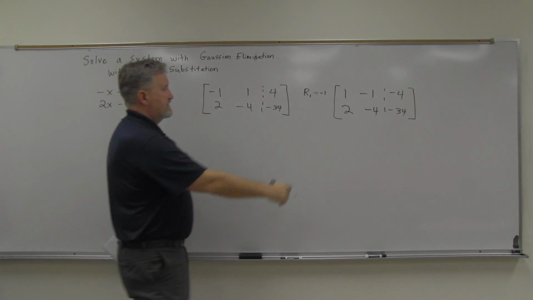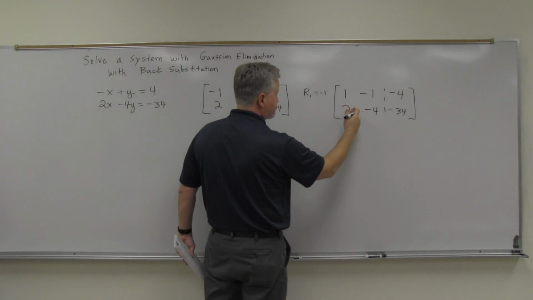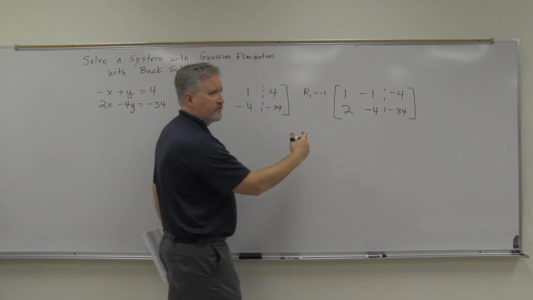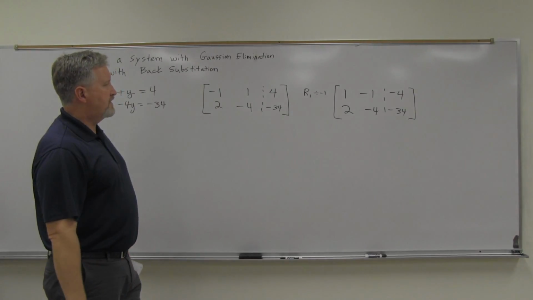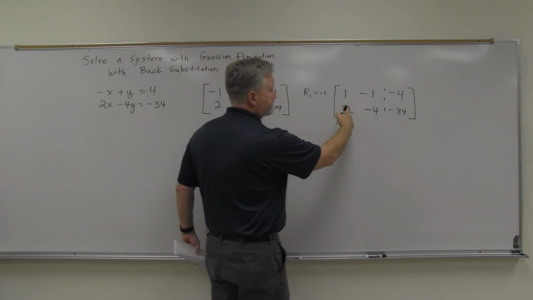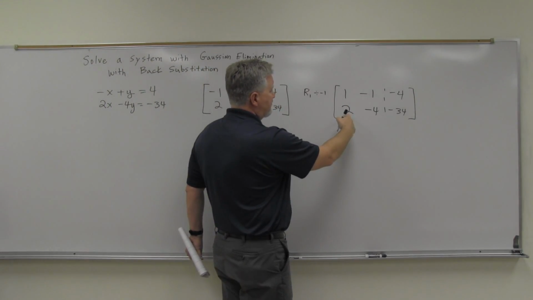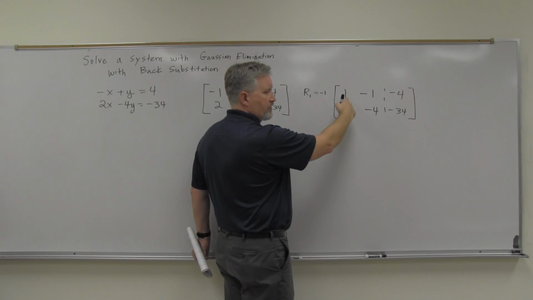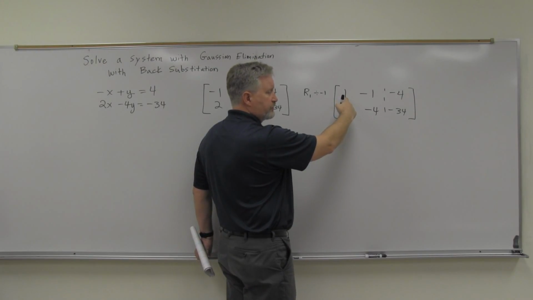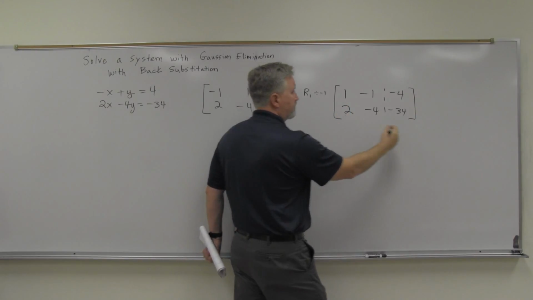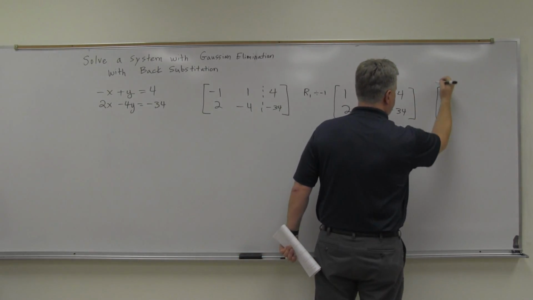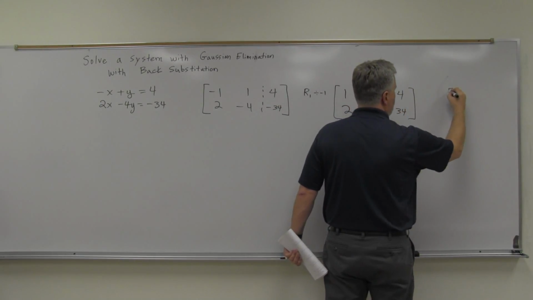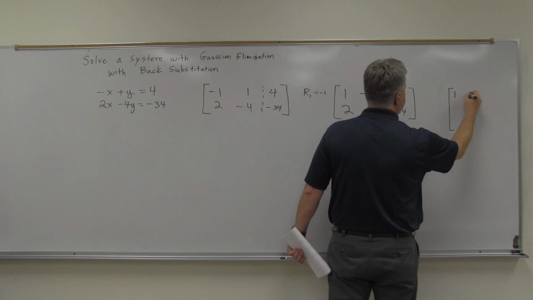Now, like we said, we want this term to be 0 because it's below the diagonal, if you will. And so to make it 0, I'd add to it a multiple of this row, negative 2 times row 1 added to row 2. So I'd keep row 1 as is.